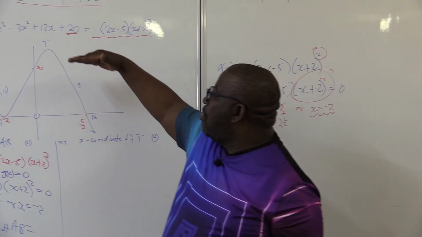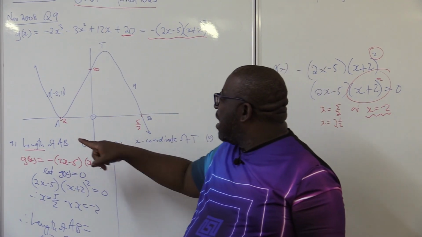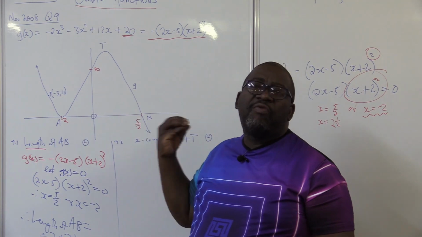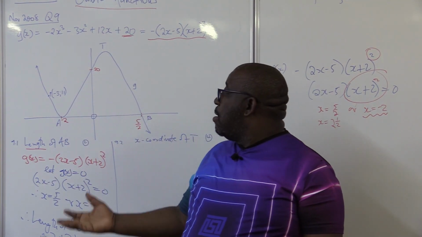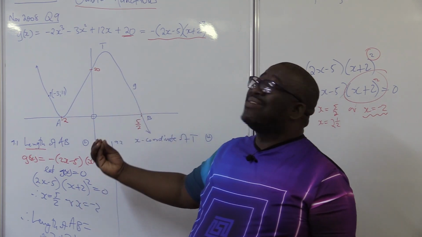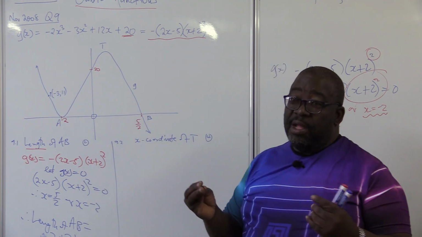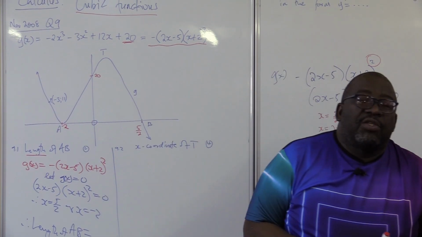So they're asking for the local maximum, which is point T. Why are they not asking about the coordinates of this one? Because this is a turning point, that is a turning point. We've already found this one while we were doing the x-intercept. It would be foolish for us to ask you both of them, because you already know this one when you calculated it there. That's why they're just asking for the x-coordinate of T.